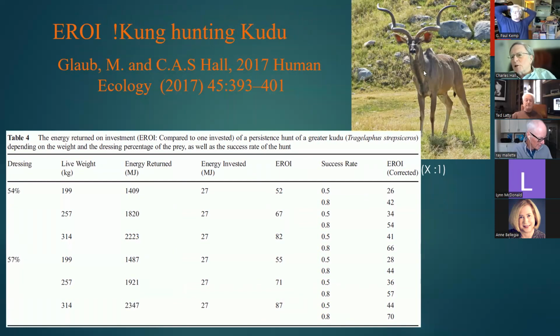A human cannot catch a kudu. What they do is go out in groups of 3 or 4, which would include a couple of older guys who would normally be really good at tracking, and a couple of young, fast guys. And the four of them would walk around till they started out a kudu.